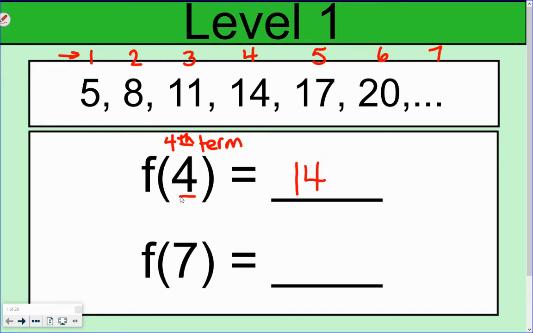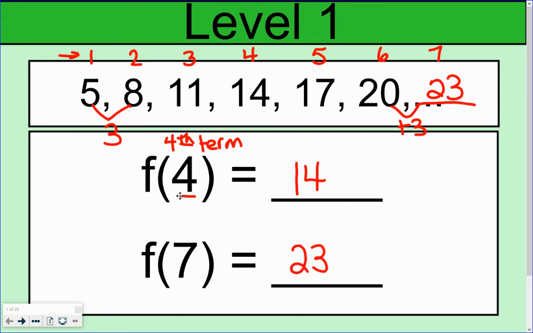I need to know the next blank. First, I've got to figure out what my pattern is. How do I get from 5 to 8? If I'm not sure, I would say 8 subtract 5, which is 3. So I'm adding 3 every time to get there. So my next term, if I add 3 here, would be 23.